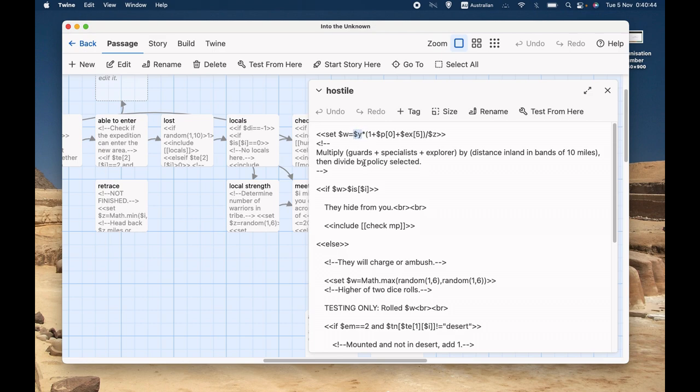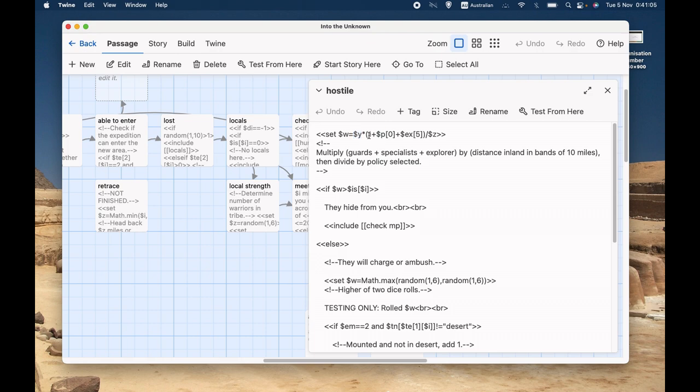Y is a number based on how far inland we are. If we're 1 to 10 miles inland, Y will be 1. If we're 11 to 20 miles inland, Y will be 2, and so on.